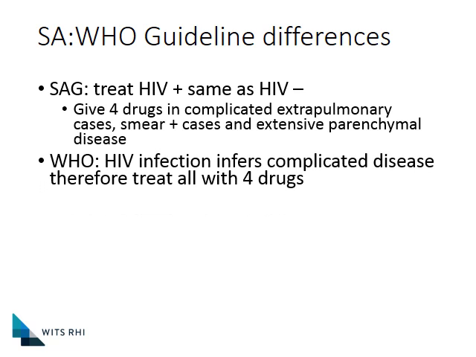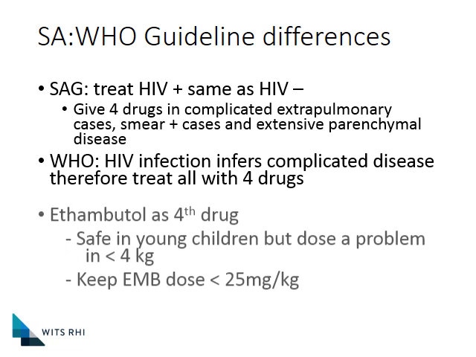But we use the 3 drugs in the uncomplicated cases. But the WHO recommends that HIV infection automatically makes it complicated, and they therefore use all 4 drugs in all children who are HIV and TB co-infected.